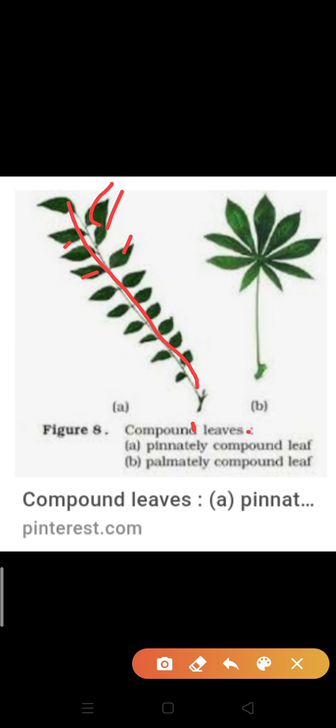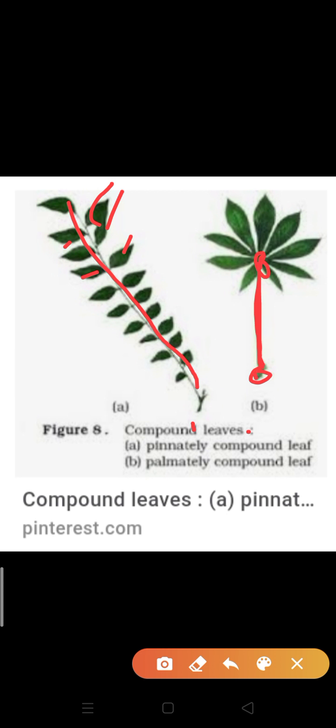Second type is the palmately compound leaf. In this type, incisions of the leaf are directed from leaf margin to the apex of the petiole. This is the petiole, it's the base, and this is the apex.